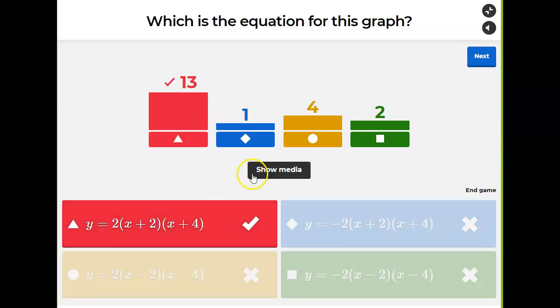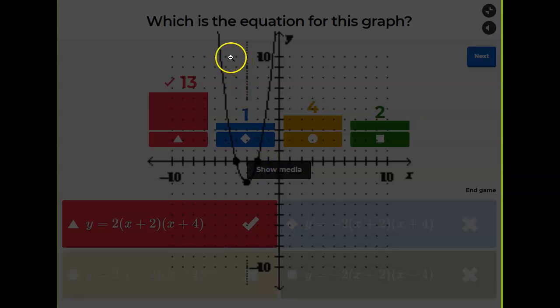All right, this didn't work great last time. For some reason this isn't showing well, but you can see the parabola here.